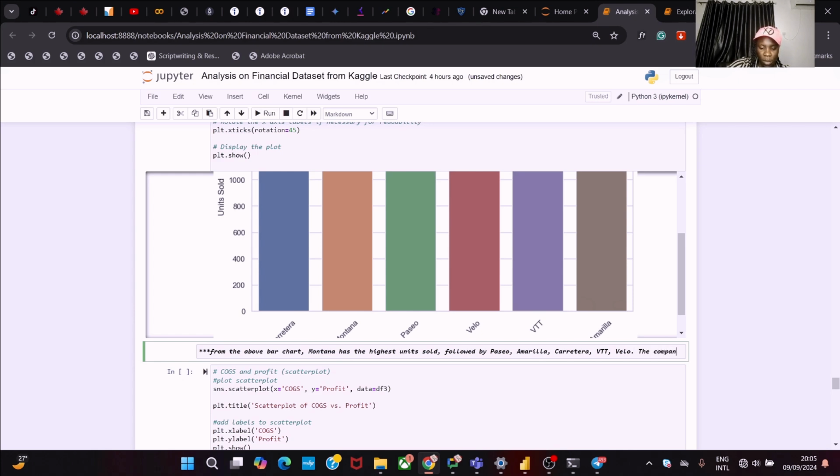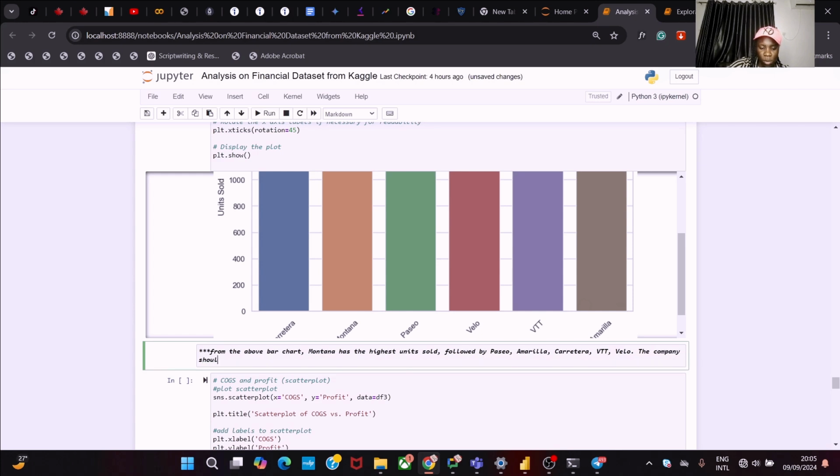The company should increase the production of Montana. We should also study why Montana has the highest units sold.